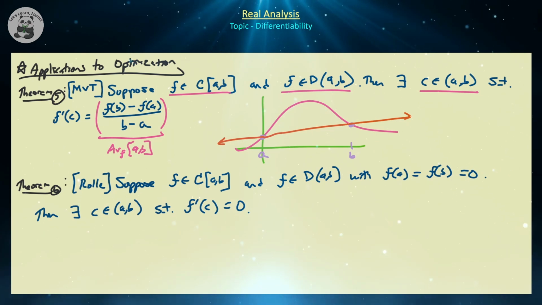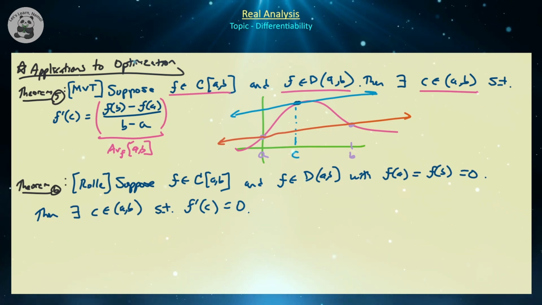So this theorem, the mean value theorem, states that there exists a point between a and b such that the derivative at the point equals that slope. And if we look at this graph, it's probably this point somewhere here. Then the derivative of that curve at that point, which is the slope of the tangent line of the curve at that point, is exactly equal to that average rate of change. So that's the point c.